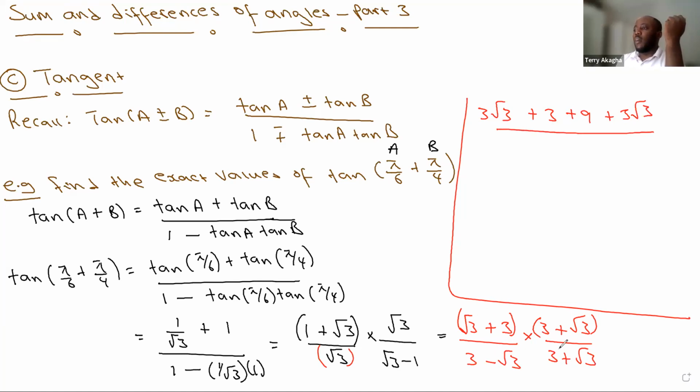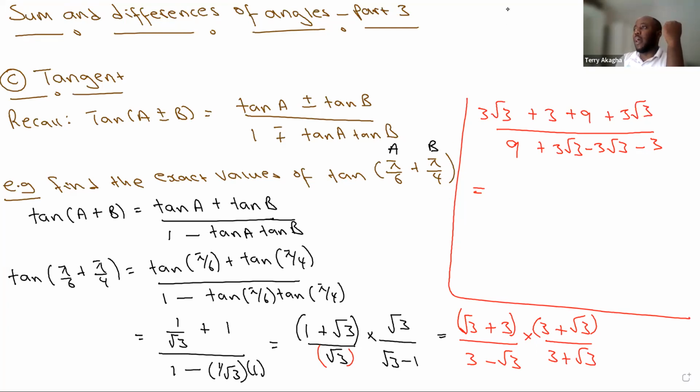The denominator will give you 9 plus 3 root 3 minus 3 root 3, then minus root 3 times 3 gives minus 3 root 3, and minus root 3 times root 3 will give you minus 3.